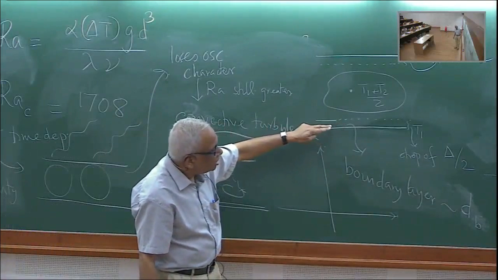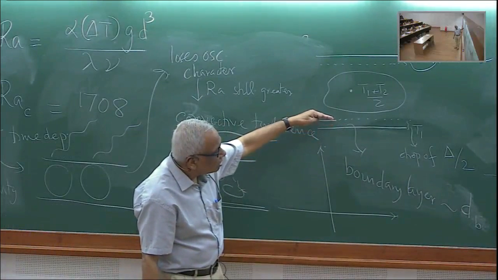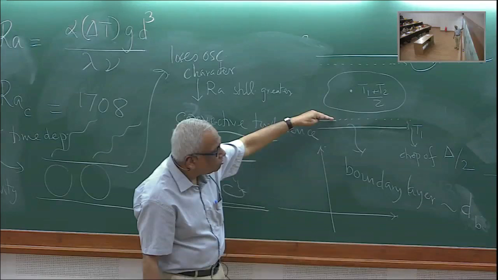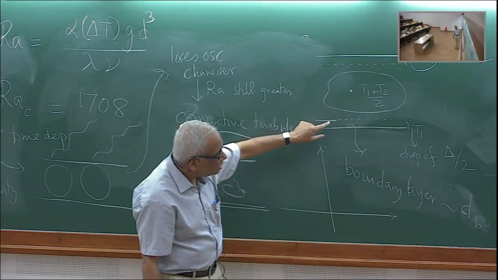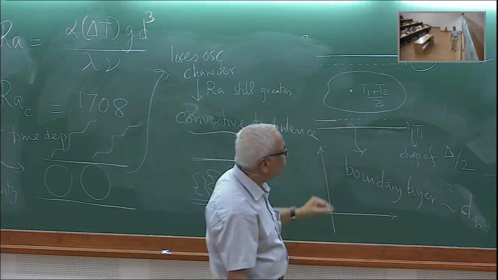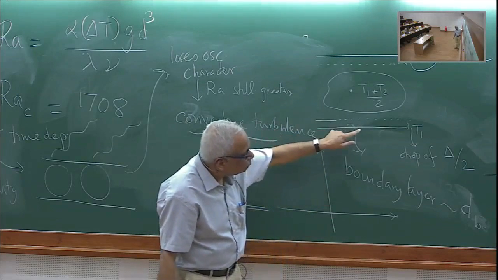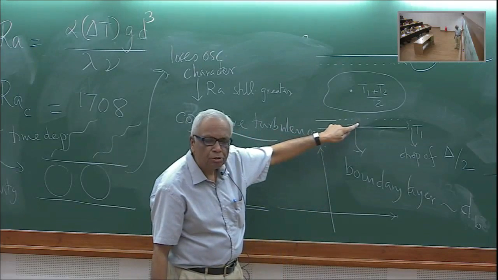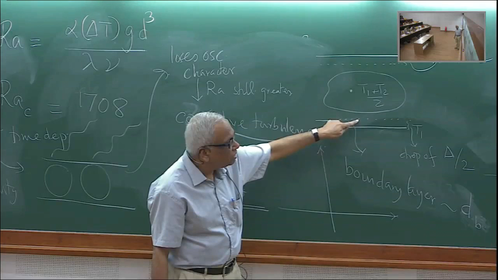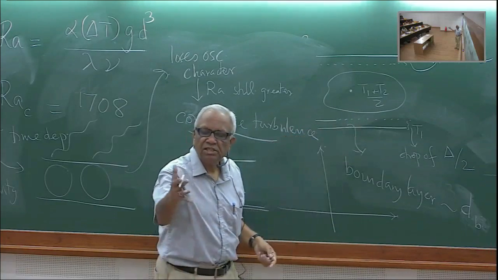How much heat is actually coming to the top of this boundary layer? The amount of heat is determined by the temperature difference between this surface and this surface. The temperature difference is like delta.